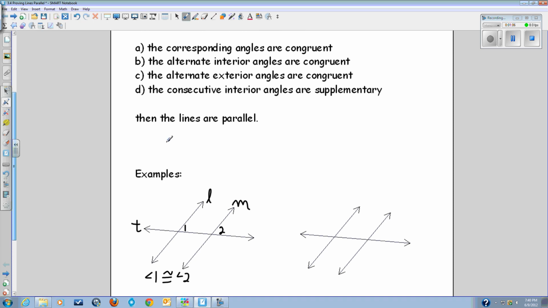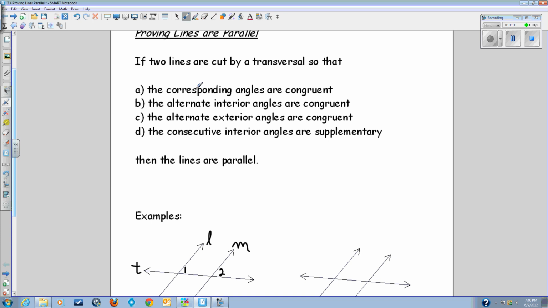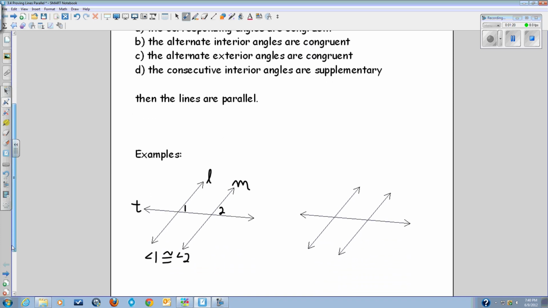Well, those are corresponding angles. And if we go back up to the conditions listed above, we said that if two lines are cut by a transversal so that corresponding angles are congruent, then the lines are parallel.